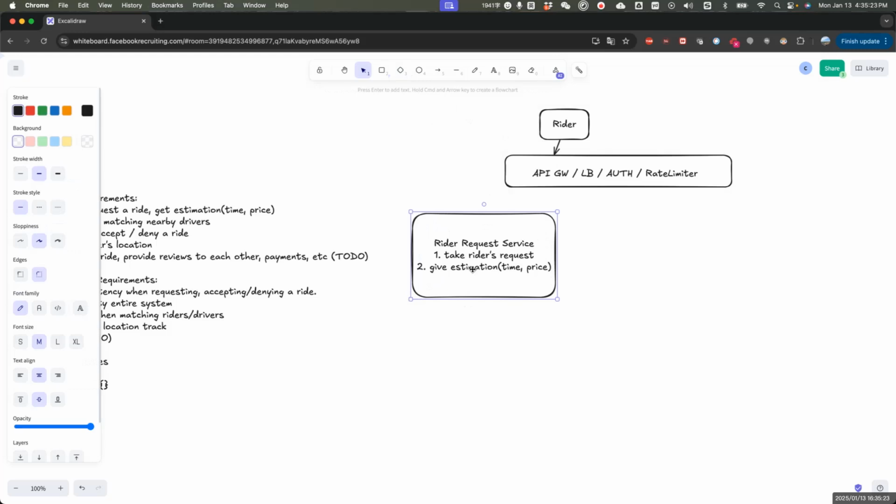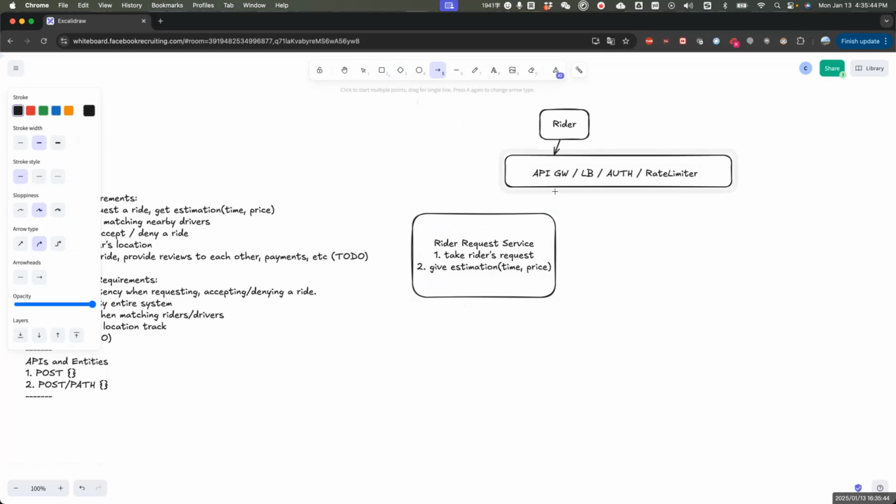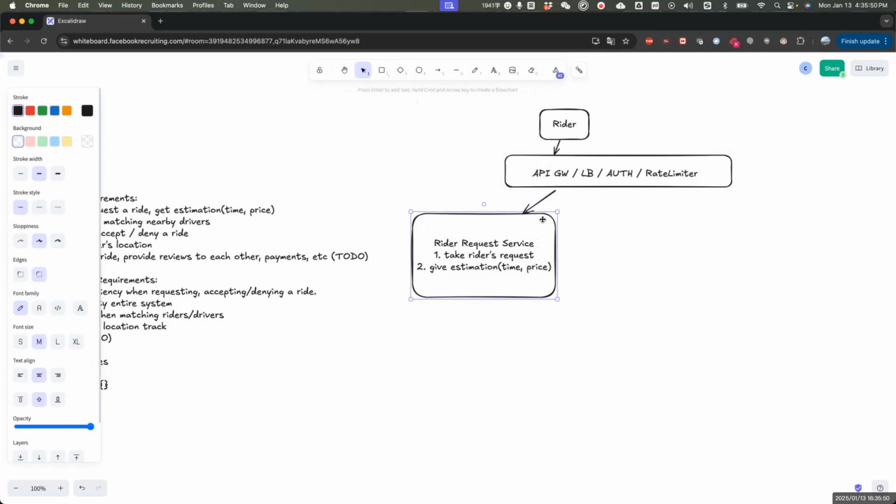When giving the estimation, we could either call third-party APIs or other services via API, and there might be some algorithm calculation, but it's not part of the main functionality here. So let's keep it simple like this.